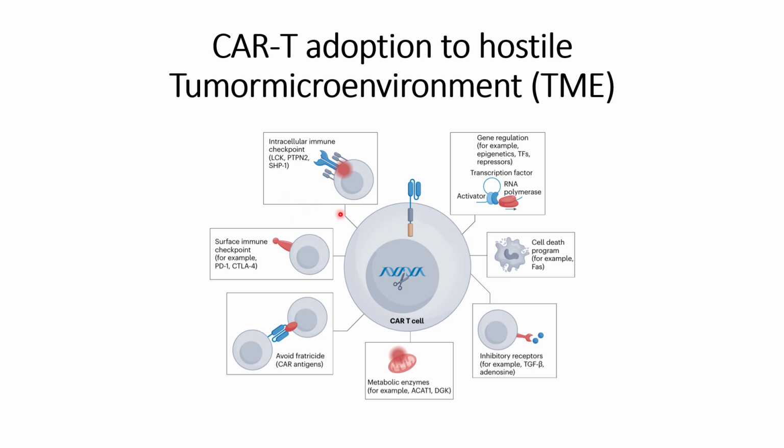Some of the changes that are commonly known is knocking down the immune checkpoint inhibitors. There are two categories of immune checkpoint inhibitors. First are the intracellular immune checkpoint inhibitors such as LCK, PTPN2, SHP1, and also the surface checkpoint inhibitors, which are more commonly known as immune checkpoint blockade therapies, that is by knocking down PD1 and CTLA4.